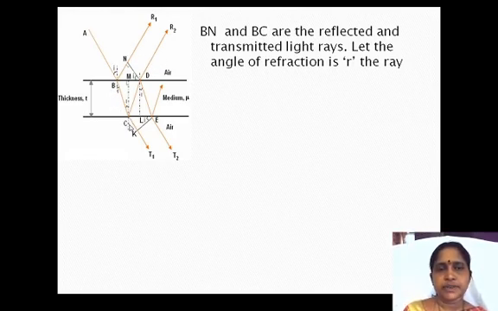Here the reflected ray R1 has the path BN, and the R2 reflected ray has the path BC plus CD. We want the difference between the two paths.